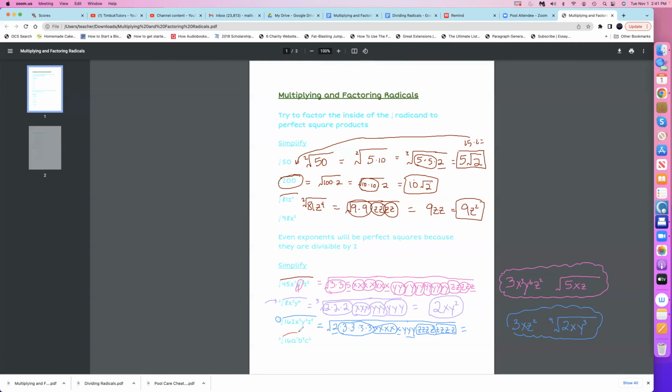Cube root of 16 a to the 7th, b to the 8th, c to the 6th. So 16 is 4 times 4, which is 2 times 2 times 2 times 2. 4 2s. 2 times 2 is 4 times another 2, 8 times another 2 gives me 16. 7 a's. 8 b's.